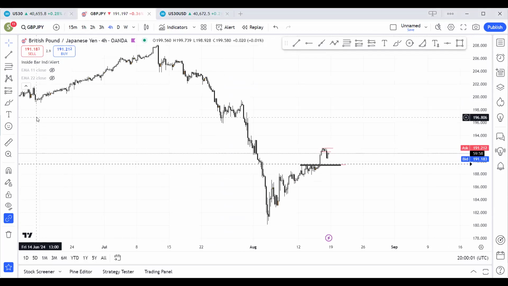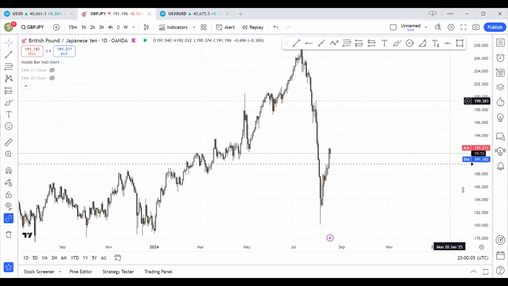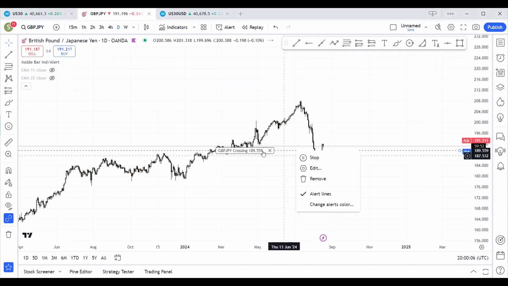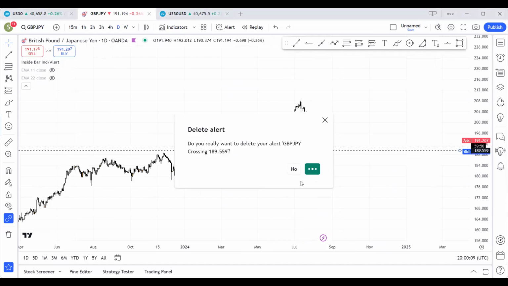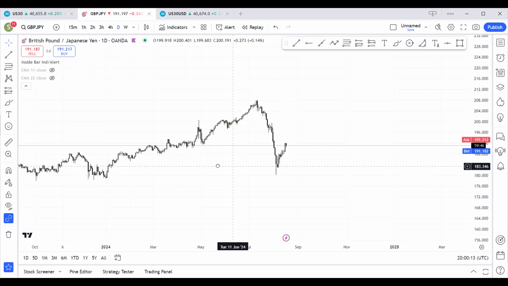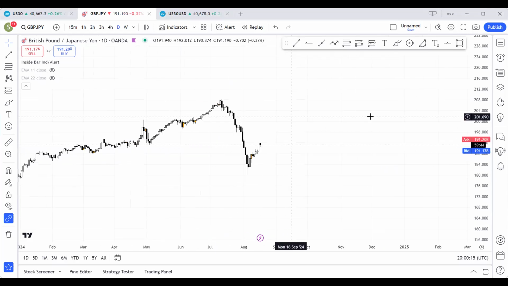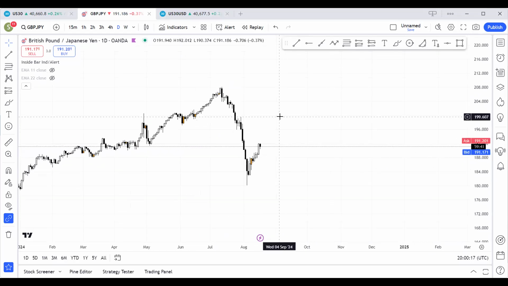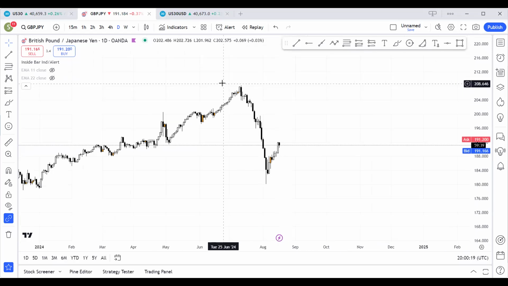Okay, so the question is, how do you trade all-time highs, like with gold? Usually we don't trade gold. The only assets that we trade are USDT and GBP JPY.